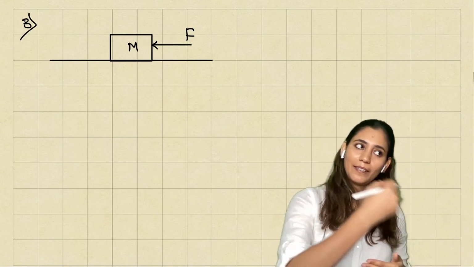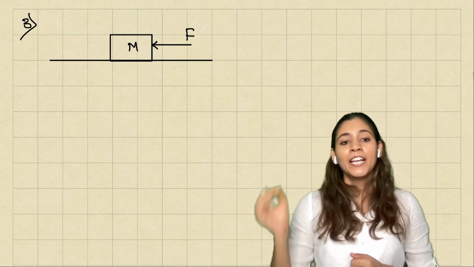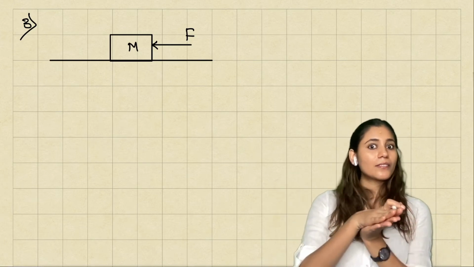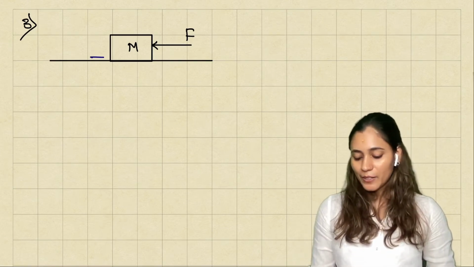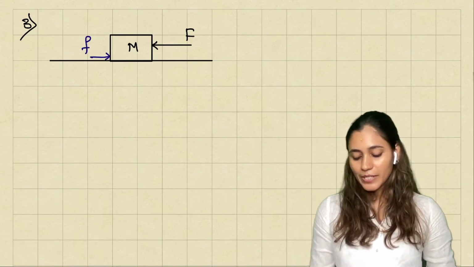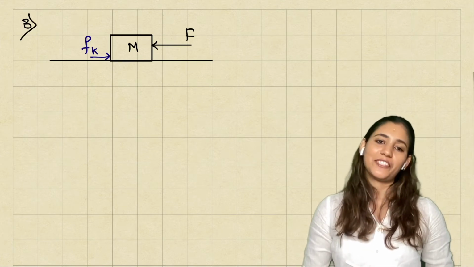Now that the block moves, both surfaces are still in contact with each other, so the force that acts is the kinetic friction.